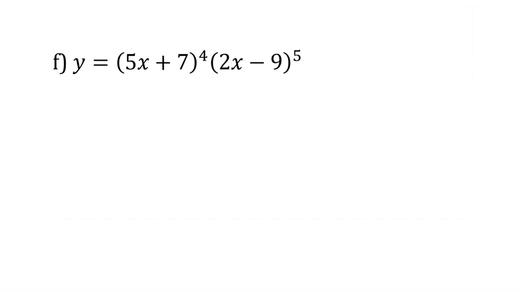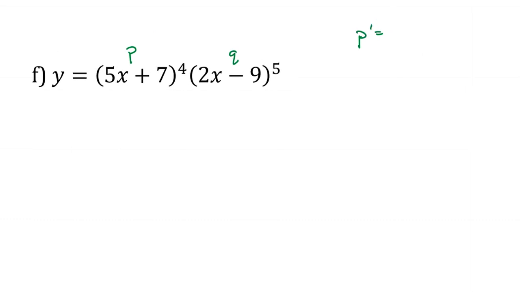Okay? And this is one of those ones where you may slow yourself down and go P, Q, P prime is 4, 5x plus 7 to the 3, times the derivative of what's inside, which is 5.